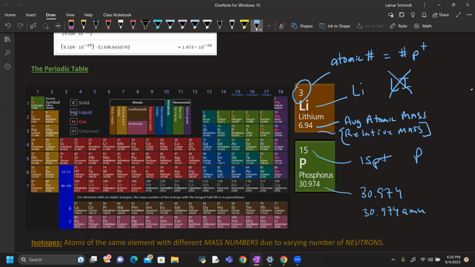Okay, now there's another point that we can bring up, and this is not given to us by the periodic table exactly, but we can infer from the periodic table the number of electrons. So if we assume that all the atoms on the periodic table have a neutral charge, meaning they have no charge, then we know that the number of protons and the number of electrons must be equal.